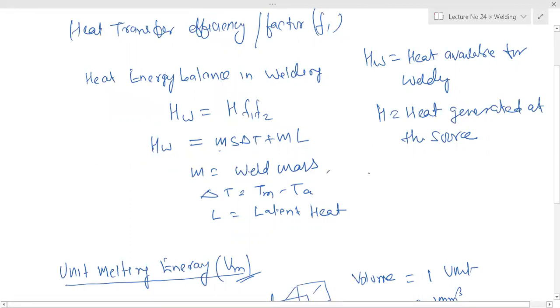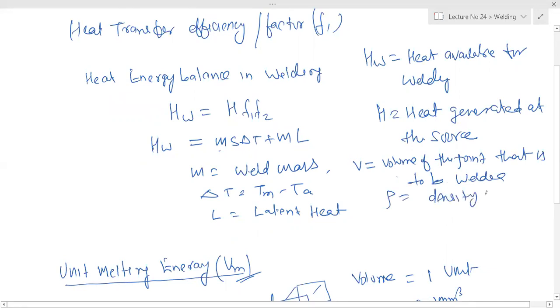Here is the mass of the weld. It may be given in terms of volume of the weld, volume of the joint actually, that is to be welded, and this is your density of the material, right?